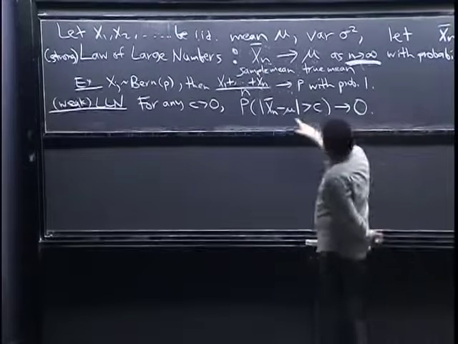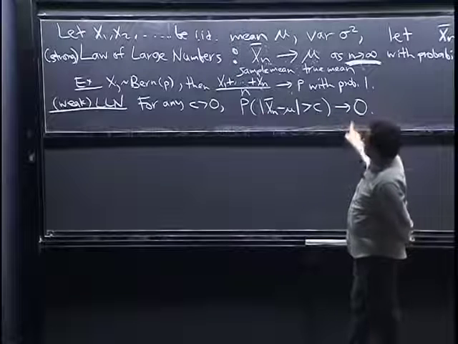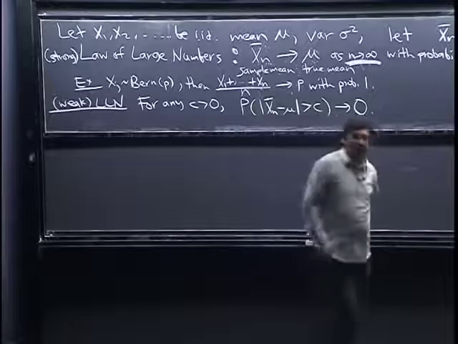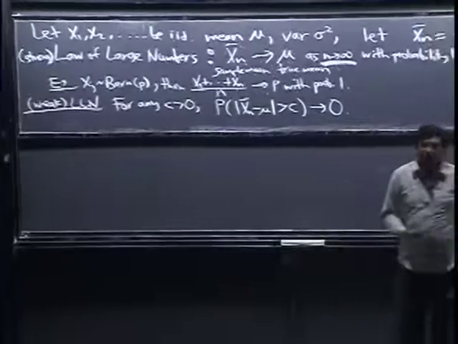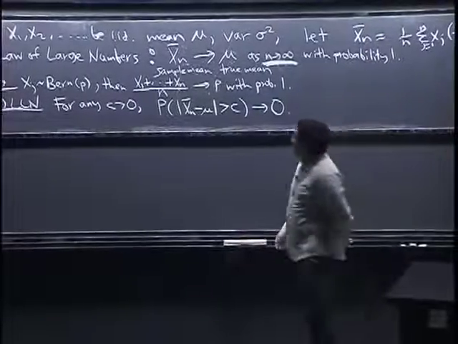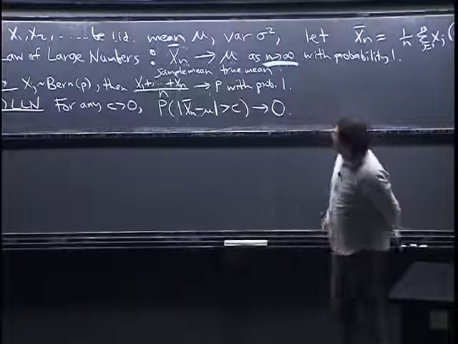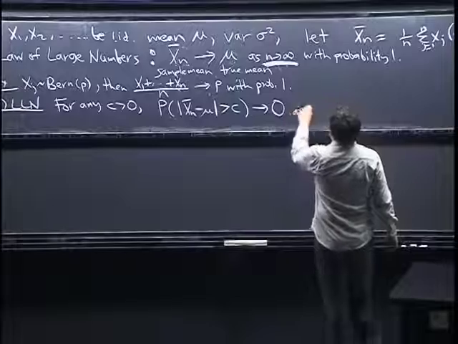So just to interpret this statement in words, we should interpret c as being some small number. So let's say we choose c to be 0.001, okay? And then it says that this thing goes to 0, as n goes to infinity again.